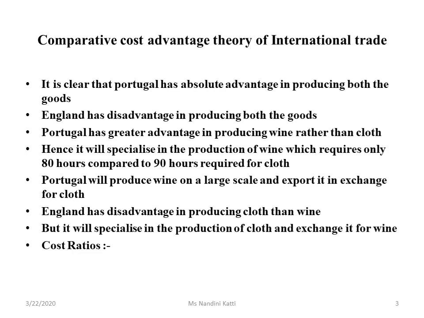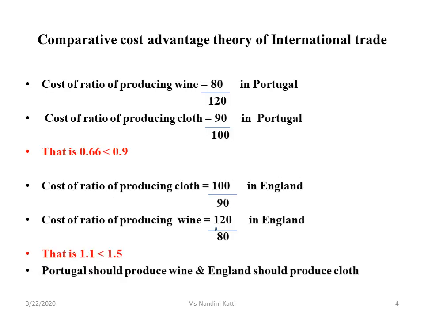If we look at the cost ratios, then the cost ratio of producing 1 unit of wine in Portugal is 0.89 units, which is less than 1 unit of cloth produced. In England, we have 1.2 units in comparison to 1 unit of cloth. Hence, according to Ricardo, Portugal should produce wine and England should produce cloth.